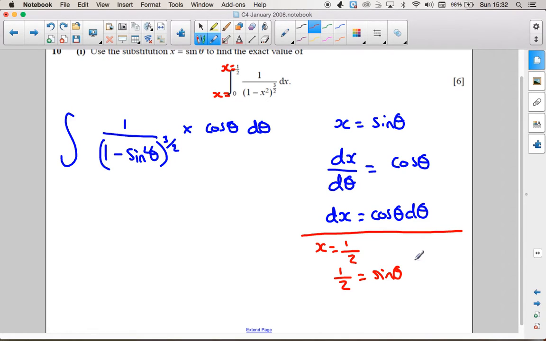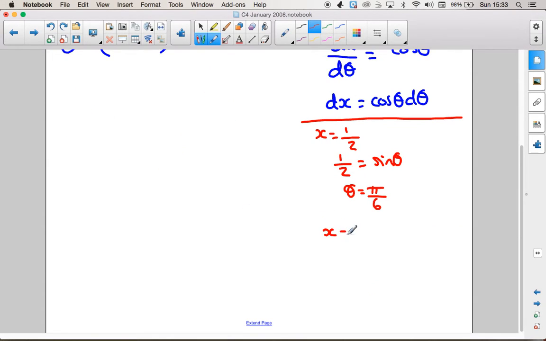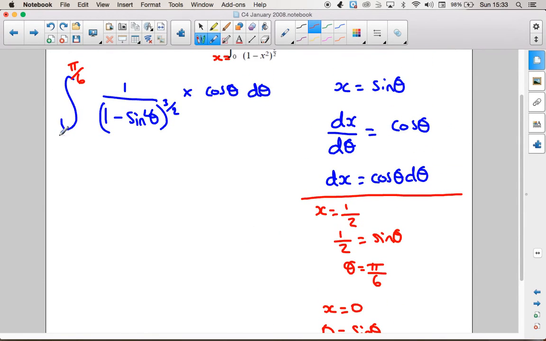And when does sine theta equal half in radians? Well, let's inverse sine a half, and we get pi over 6. So that's my new theta upper limit. And the other one's easier, it's just x equals 0. And when does sine theta equal 0? Well, that's when theta equals 0. So my lower limit is just 0.